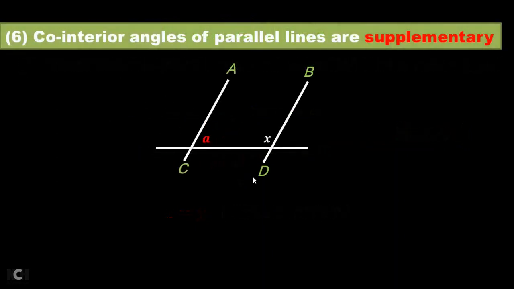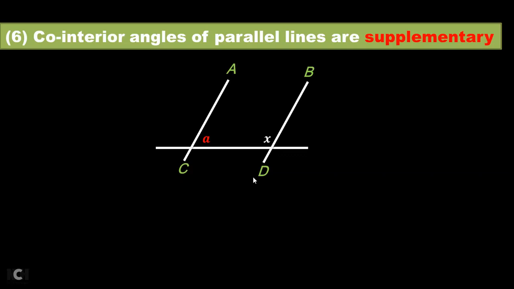Now we have co-interior angles of parallel lines are supplementary. We spoke about the word supplementary. What does the word supplementary mean? It means they add up to 180 degrees.